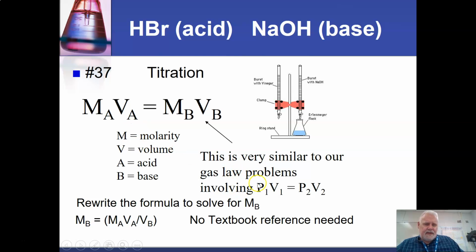It looks very much like a Boyle's law problem, except it's molarity times volume equals molarity times volume. So when you're titrating, you can write this formula out, and then we're going to be solving for the molarity of the base, which would be these two divided by the volume of the base.